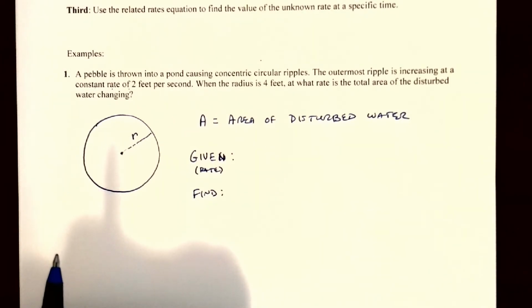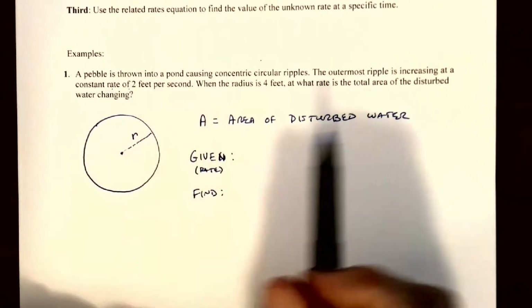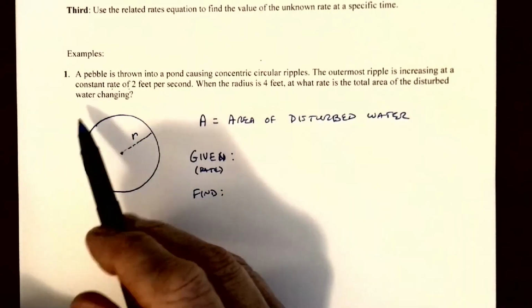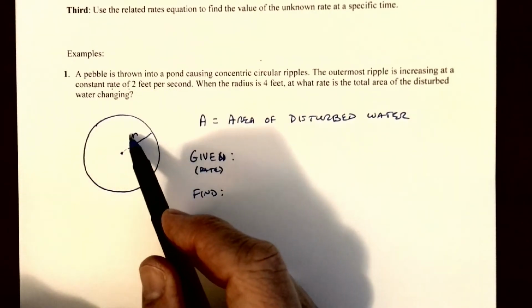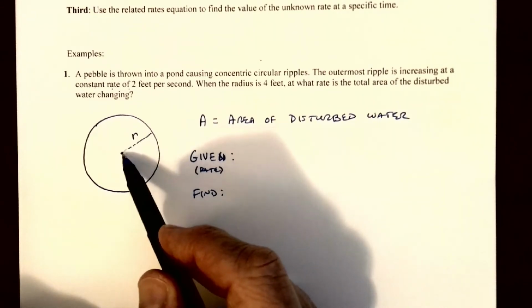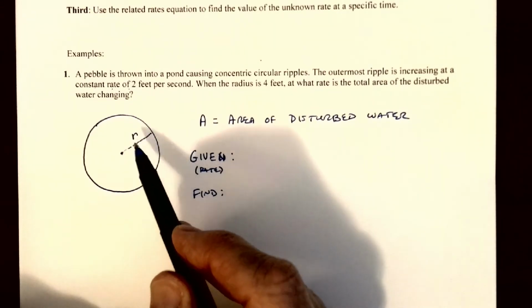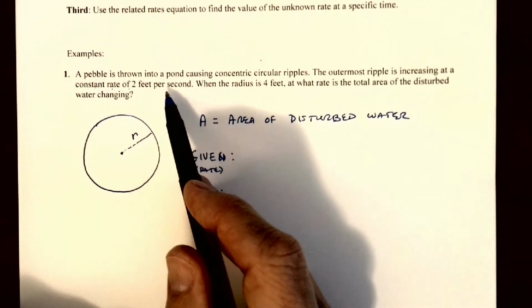What function are we differentiating here? What function are we finding the derivative of when we talk about the outermost ripple increasing at a constant rate of 2 feet per second? Well, that's the rate of change of R, this radius, with respect to what? Time, per second, right? Feet per time.